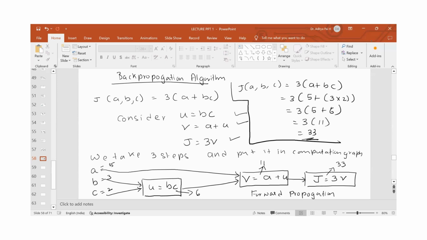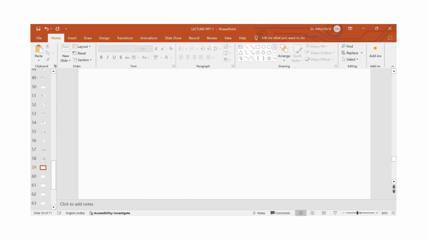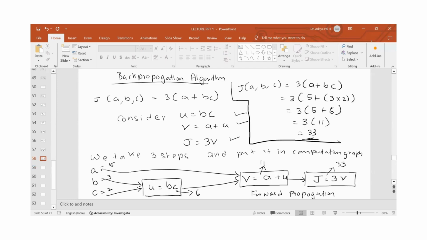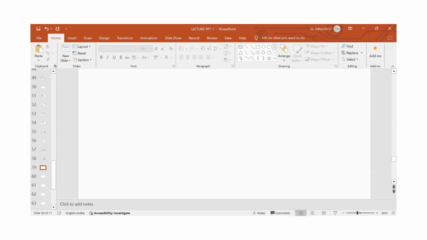Now when we want to change the value of V, we see that there are some changes we need to make. We will do that when we perform the back propagation.